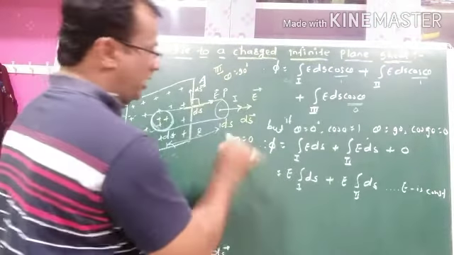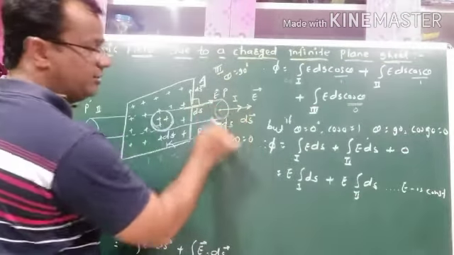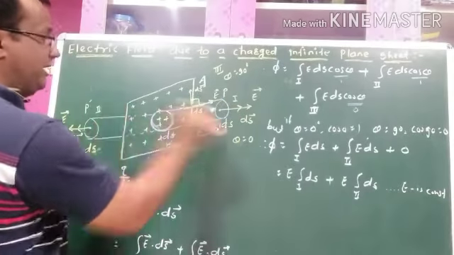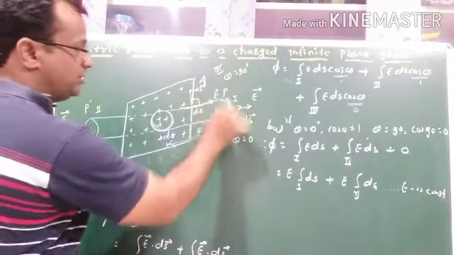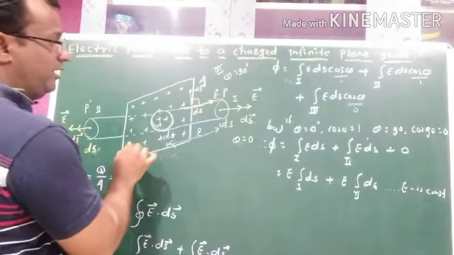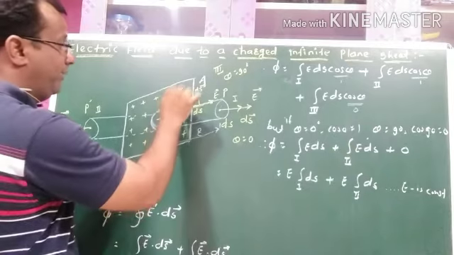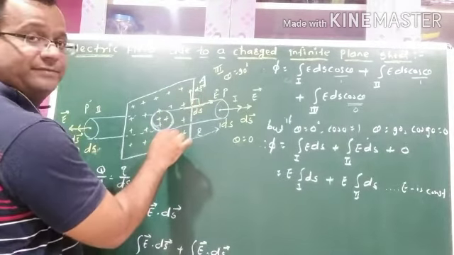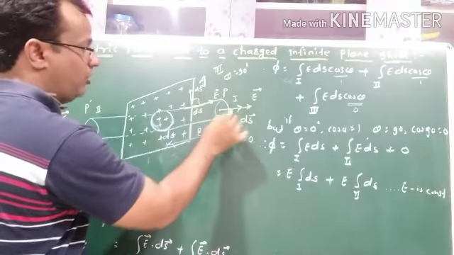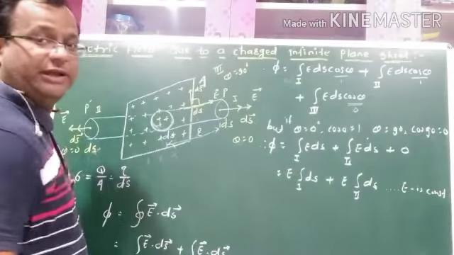Now here the area of this Gaussian surface is the same at point P and P dash, right. This will be the smaller one, but suppose we want to find the effect of the whole conductor, then the integration of ds is nothing but A, right.